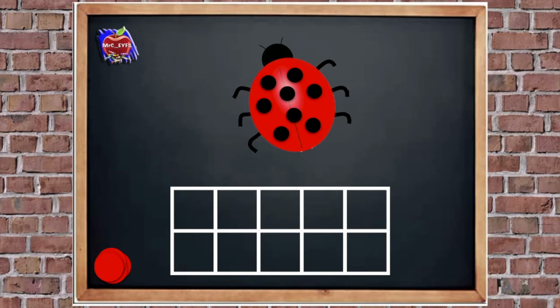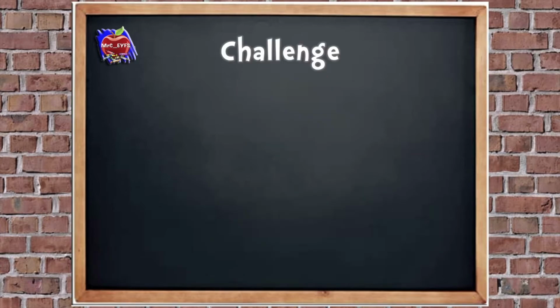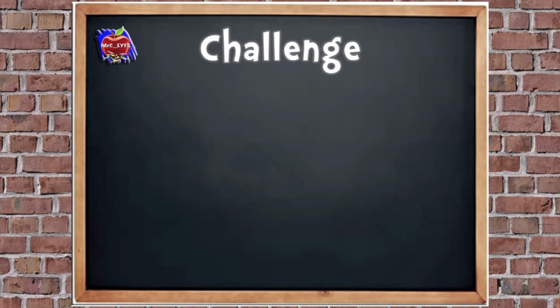Let's count them into the squares. We've got 1, 2, 3, 4, 5, 6, 7, 8. Excellent. So there's 8 counters. And you know, it's so much better. I said it before, but we need to keep them in a line when we put them into our tens frame. Well done.